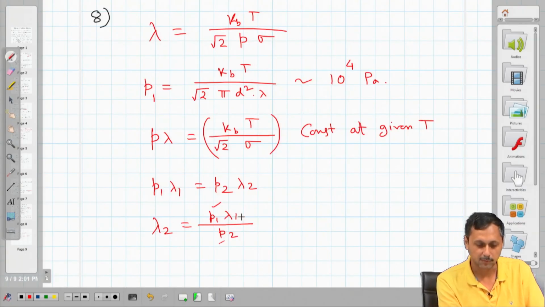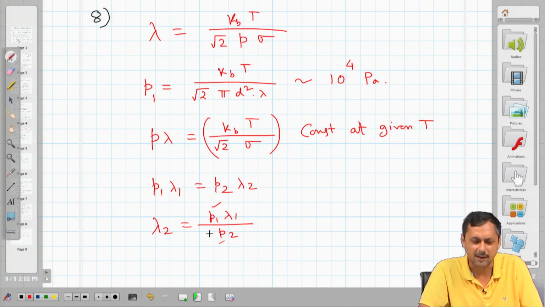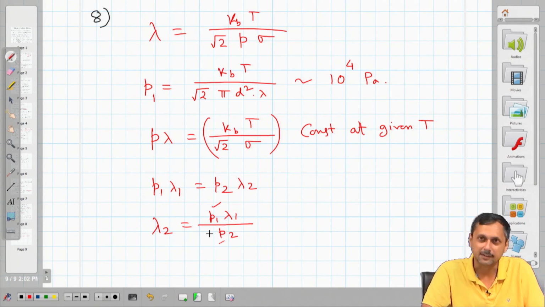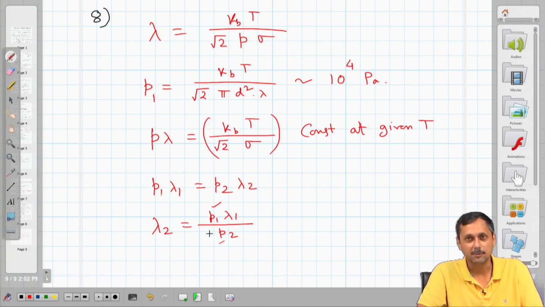All we have to do is compute lambda 2. Without surprise we will find that lambda 2 is much greater compared to lambda 1, as P2 is much less compared to P1. Please finish this problem, it will be a good exercise for you, and as promised I will provide you the answer, you can always cross check.